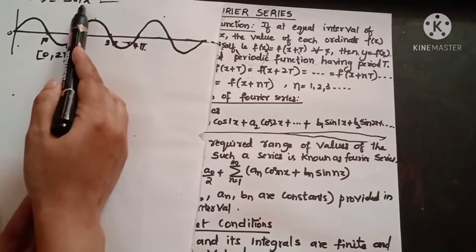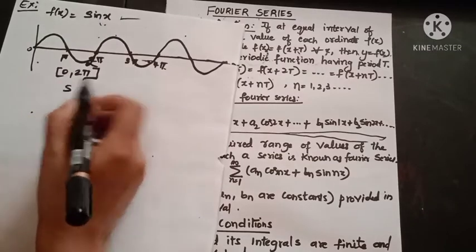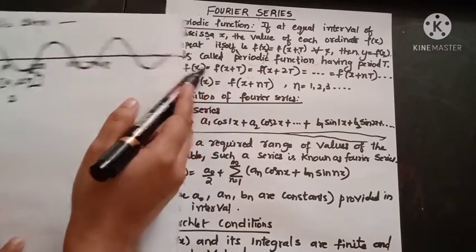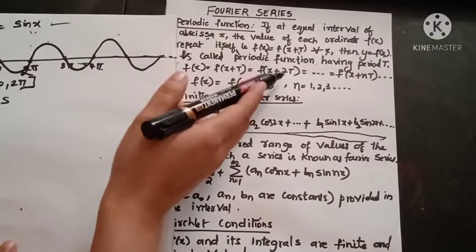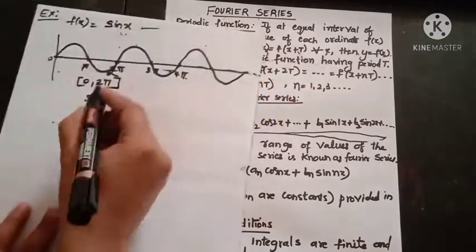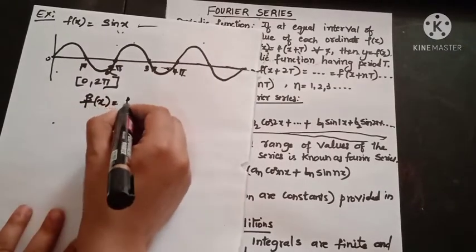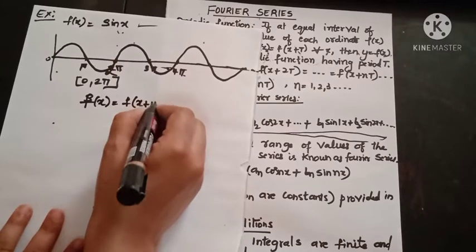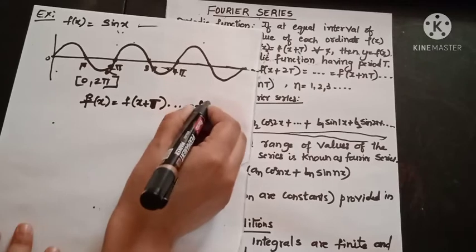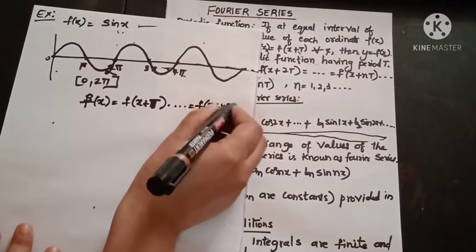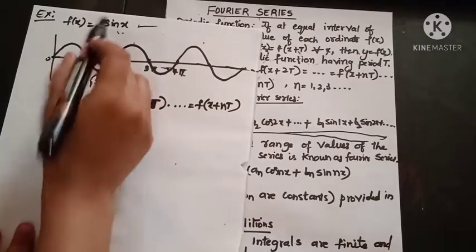So the sine function is a periodic function. We can write f of x is equal to f of x plus t, f of x plus 2t, everything will be equal. That is, if f of x is a periodic function, then f of x equals f of x plus t, etc., f of x plus nt, where t is the period of this function. 2 pi is the period of sin x.